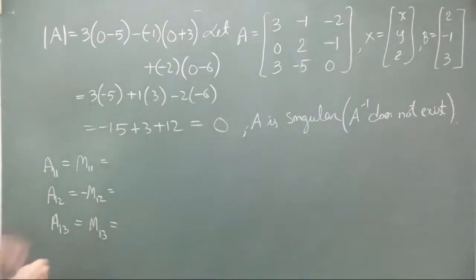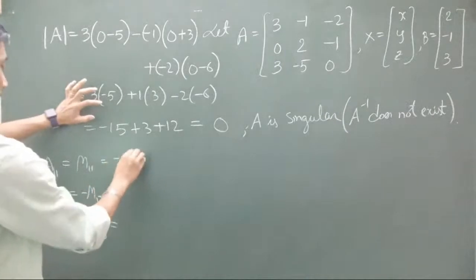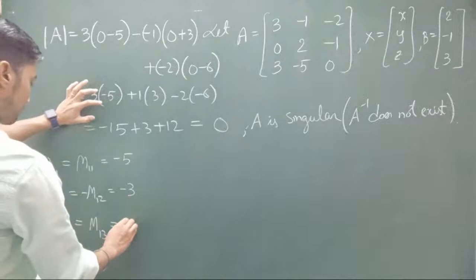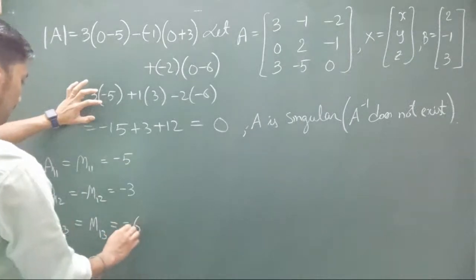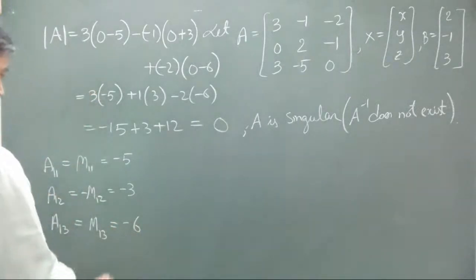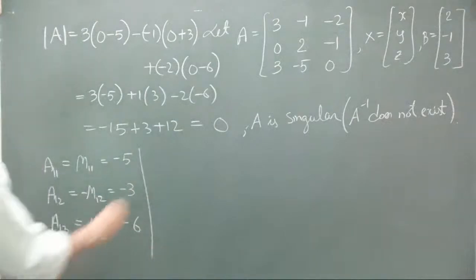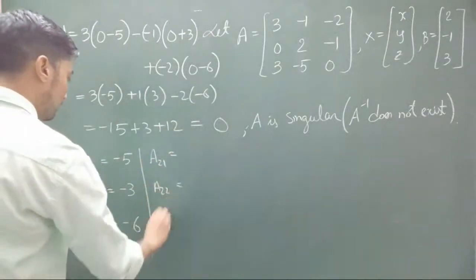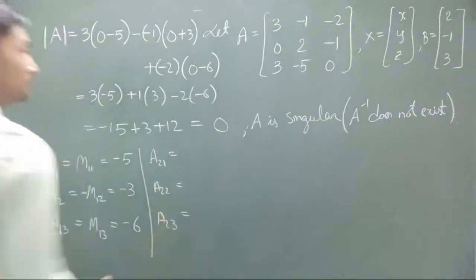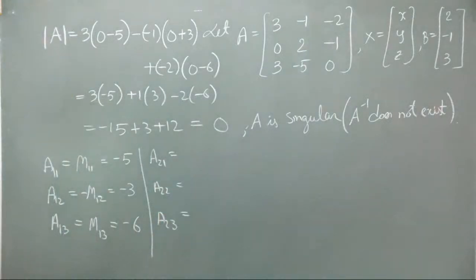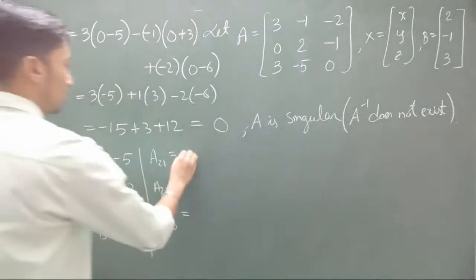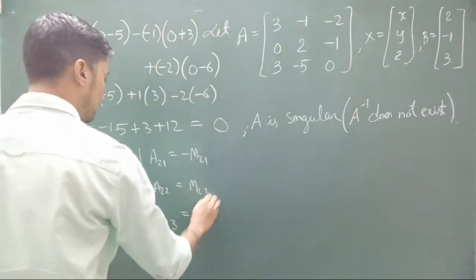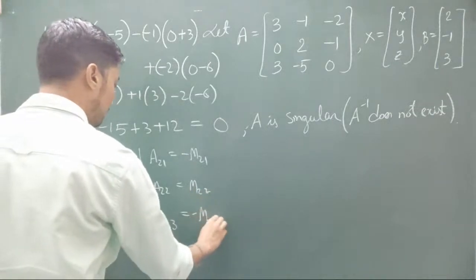So that would be minus 5, minus 3, minus 6. A21, A22, A23: A21 will be minus of M21, A22 will be M22, A23 minus of M23.